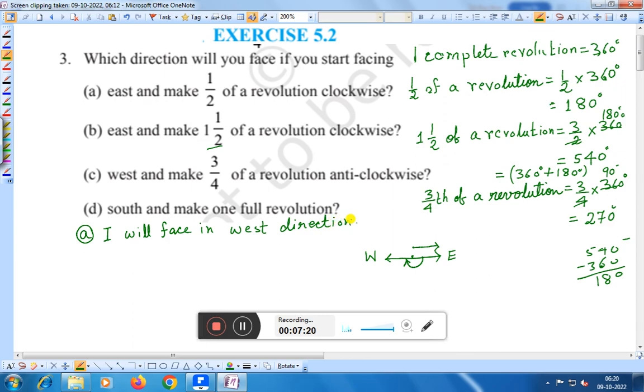That means if I face east and make half of a revolution, that means 180 degree, then I will face west, right?